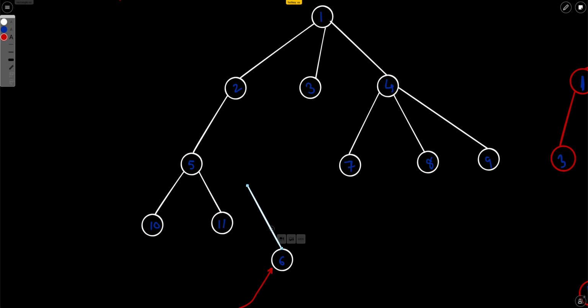So let's just remove this and this. So we are talking about this particular case where this is an edge and this is an edge, right? So this was not valid because 2 belongs to level 2, group 2, and 6 belongs to group 5, right?